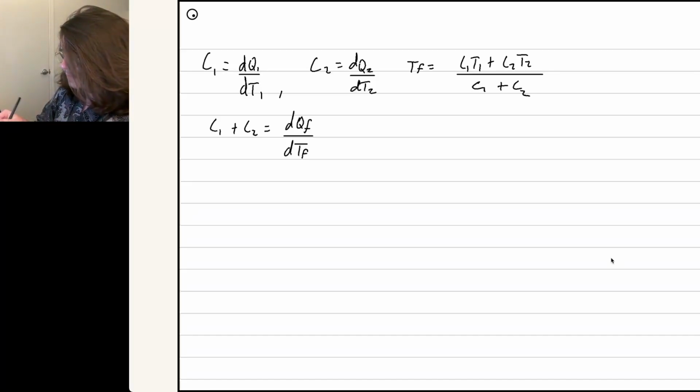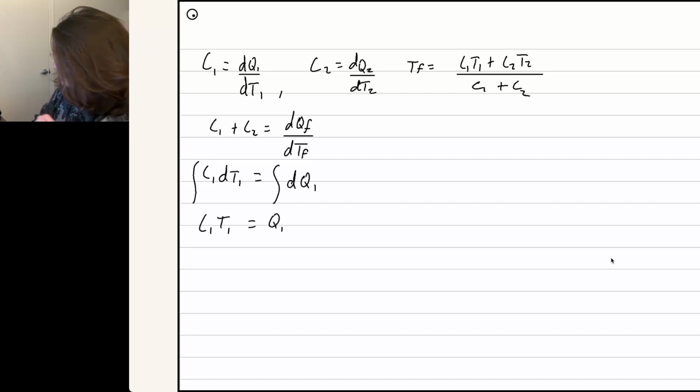So you're going to look at the integral of C1 dT1, which will be equal to the integral of dQ1. When you do that integral, you're just going to get C1 T1 is equal to Q1. You're also looking at C2 dT2 is equal to dQ2.